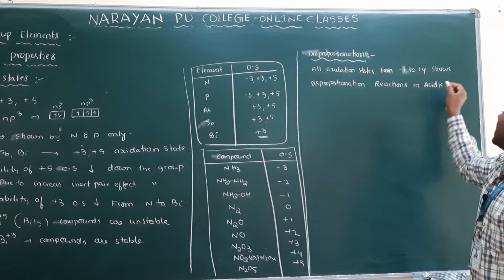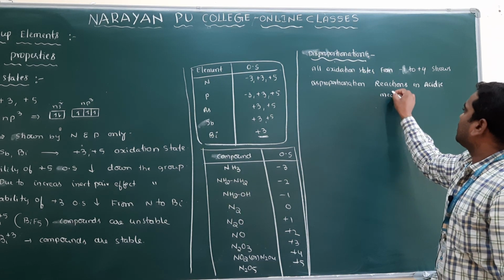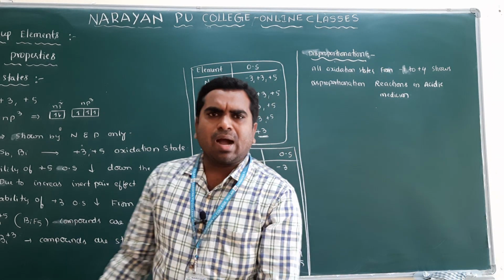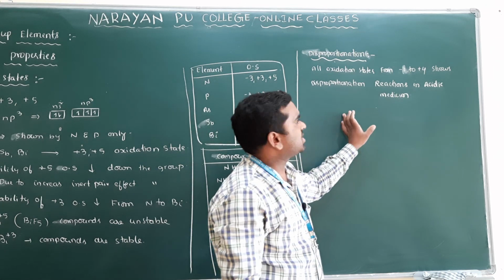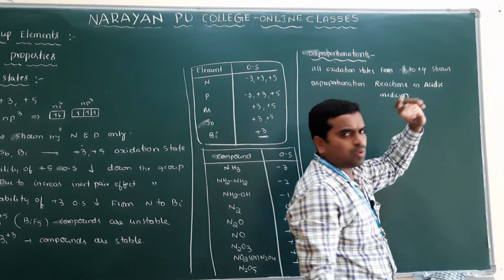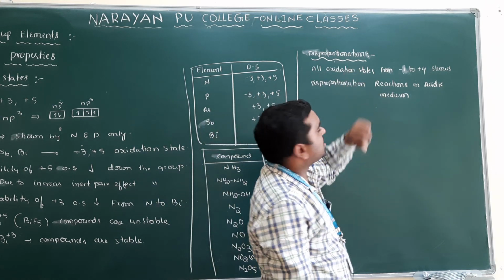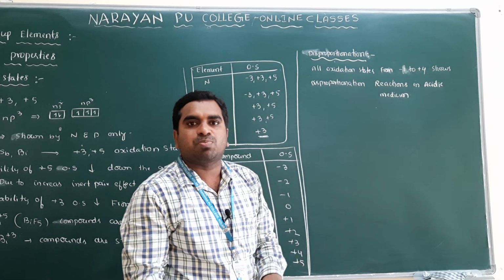In which medium here? Acidic medium. Clear? So if any compound has an oxidation state from -1 to +4, they will show which reactions here? Disproportionation. They are involved in the disproportionation reaction.